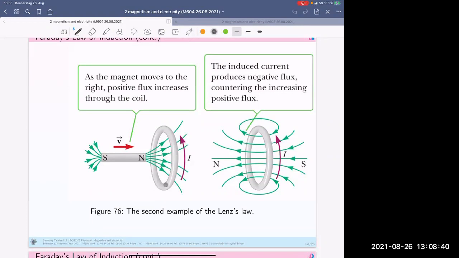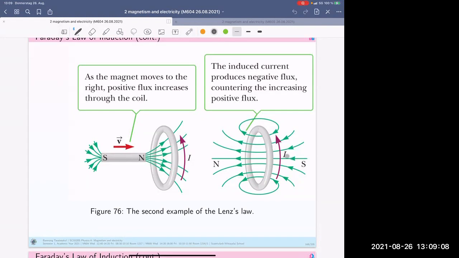All right, here is the figure that explains the mechanism of generating a magnetic field that opposes the increasing magnetic field coming from the movement of the permanent magnets.